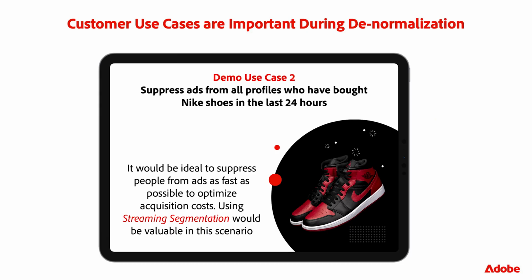Let's move on to use case 2. Let's say you have a requirement as simple as you want to suppress ads from all profiles who have bought Nike shoes in the last 24 hours. Seems like a pretty basic use case, except putting your business hat on, wouldn't it be ideal if you could suppress people from ads faster? As this functionally would optimize acquisition costs.